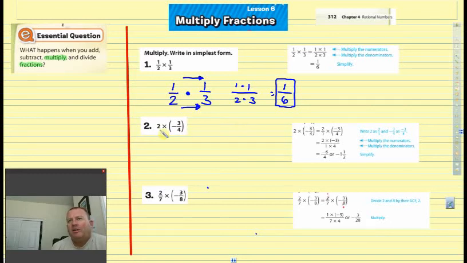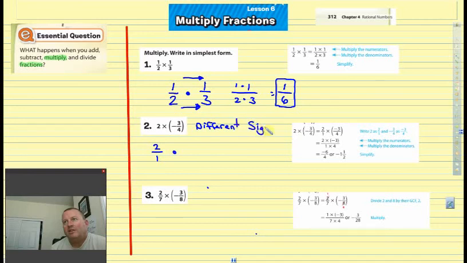What happens if you get a whole number and we got to multiply it with a fraction that has a negative? Then what? Well, same idea. Take that whole number, place a 1 underneath it, still 2. We're going to multiply it with a negative number, and I'm going to write something here, and some of you already know.